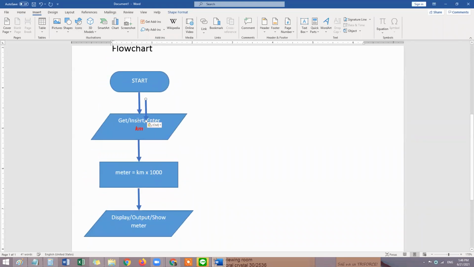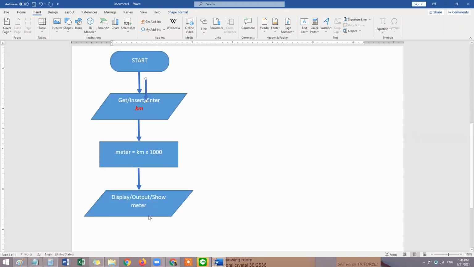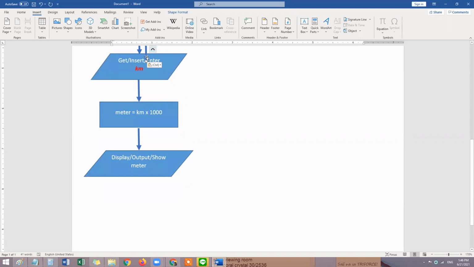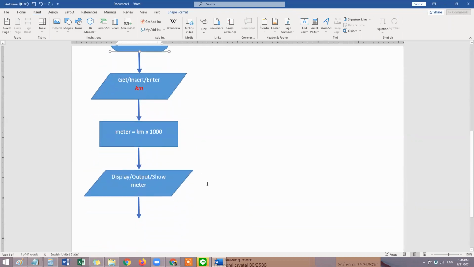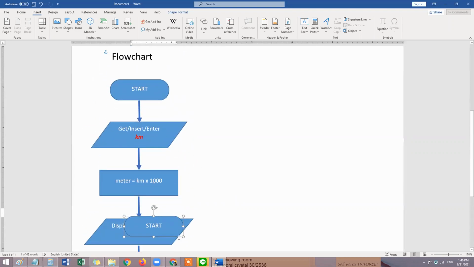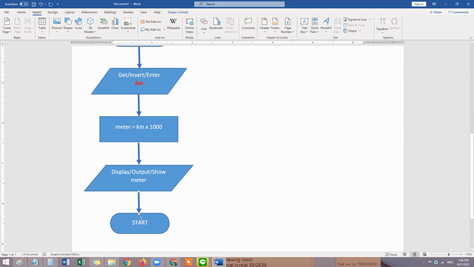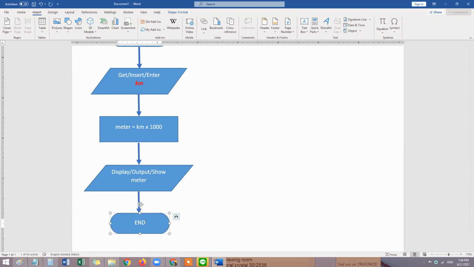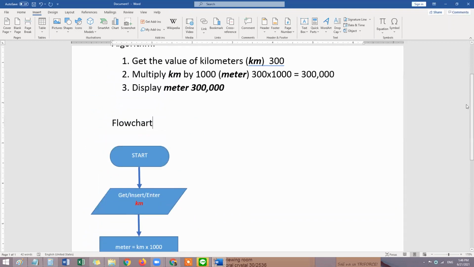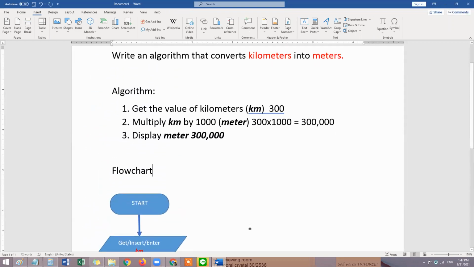Of course, the end. Don't forget the end. So I will put this one here, and end. Okay, that's it. That's the flowchart and the pseudocode. Any questions?